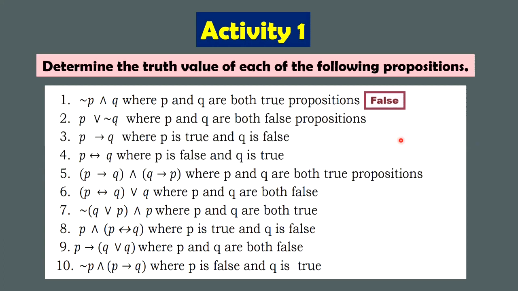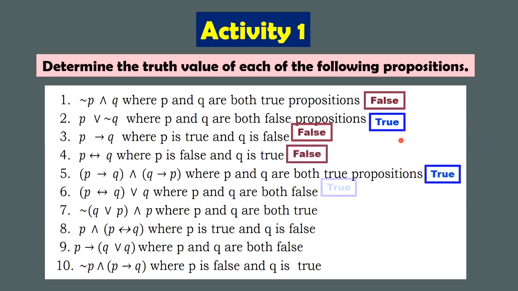Pwede nyong gayahin yung ganon or you can do it mentally. So kayo nang bahala kung paano nyo isi-solve or ipapakita yung solution for this activity. Basta you will be getting the following answers. O, try pa tayo ng isa.